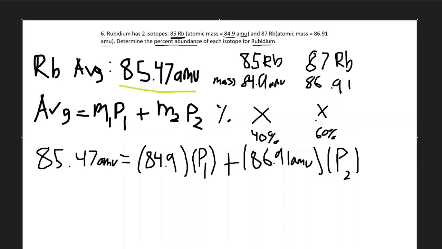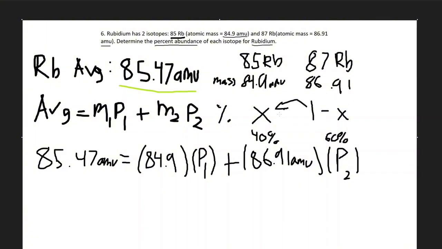Now, obviously, we can't use x for both because that would just make 2x, and the equation would be wrong. So we classify this as 1 minus x, because if x is 0.40, then this would equal 0.60, in other words, 60%. That's the type of equation we want. And it doesn't matter which one you put as x and 1 minus x.